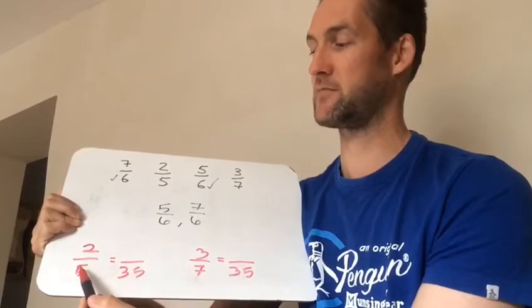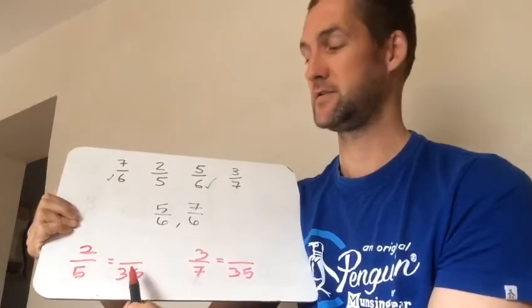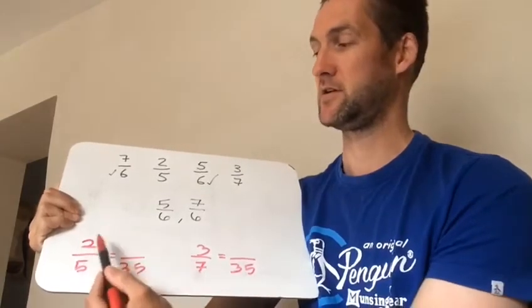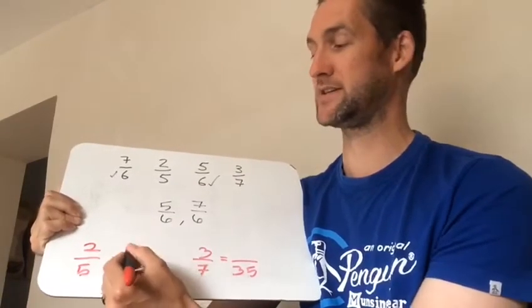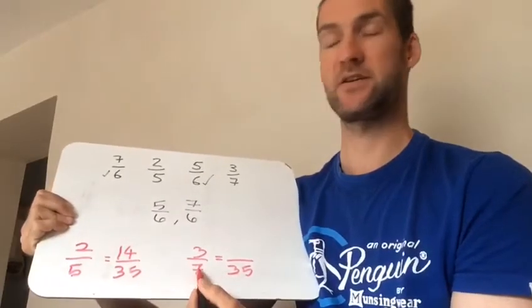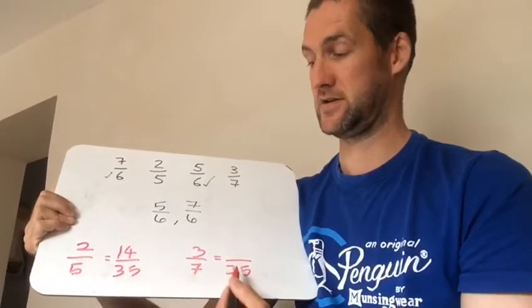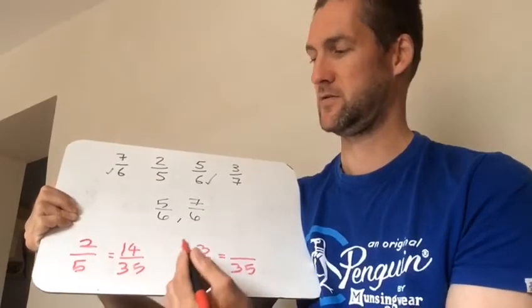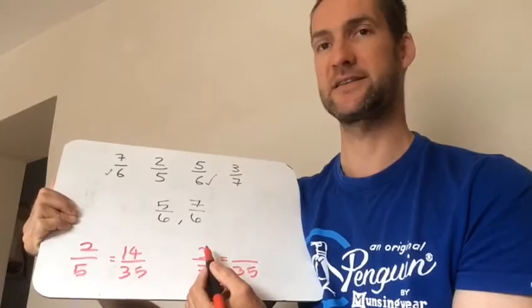How many times did I have to multiply 5 to get 35? Well, I had to multiply it 7 times. So I multiplied 2 by 7, which is 14. How many times did I multiply 7 to get to 35? Well, I multiplied it 5 times. What do I need to do with 3? I need to do exactly the same.